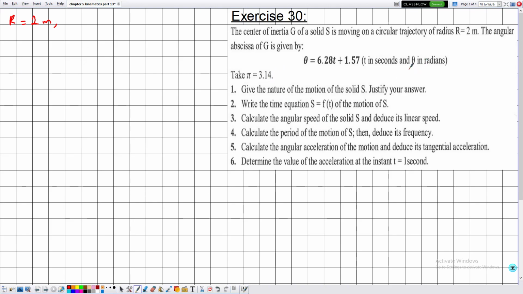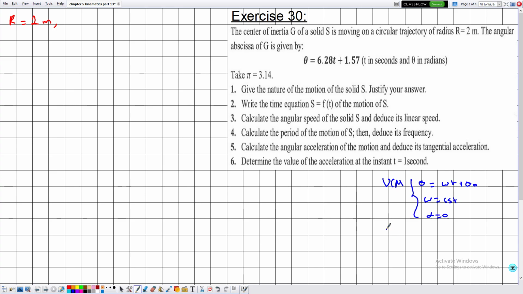Here, because we are discussing a circular motion, let me write on the scratch the different types corresponding to the circular motion. UCM is given by theta equal to omega t plus theta 0, omega is a constant and alpha is equal to 0.